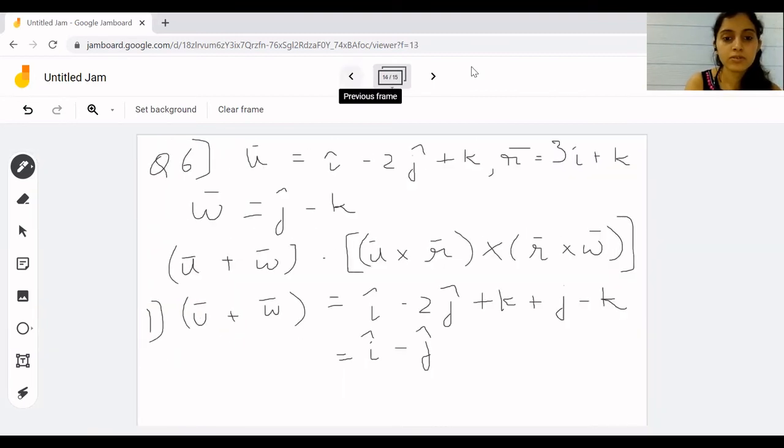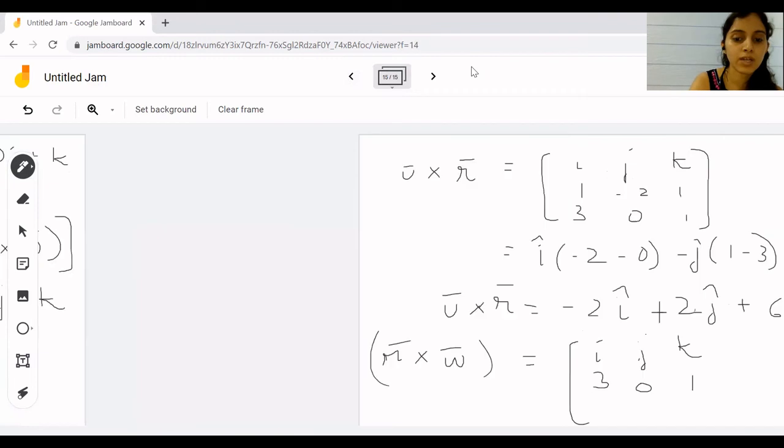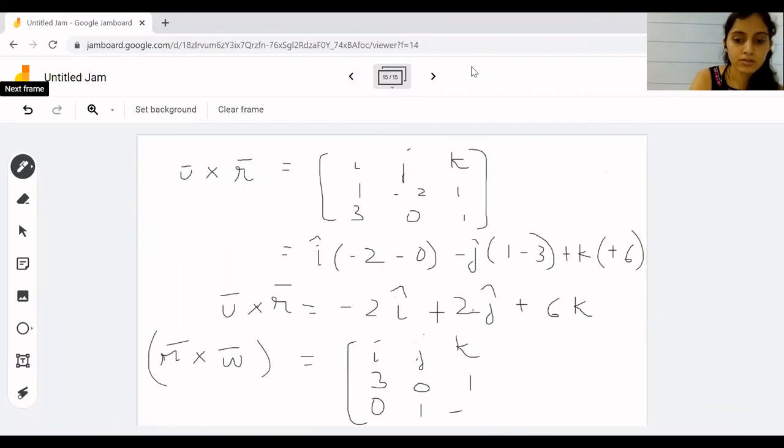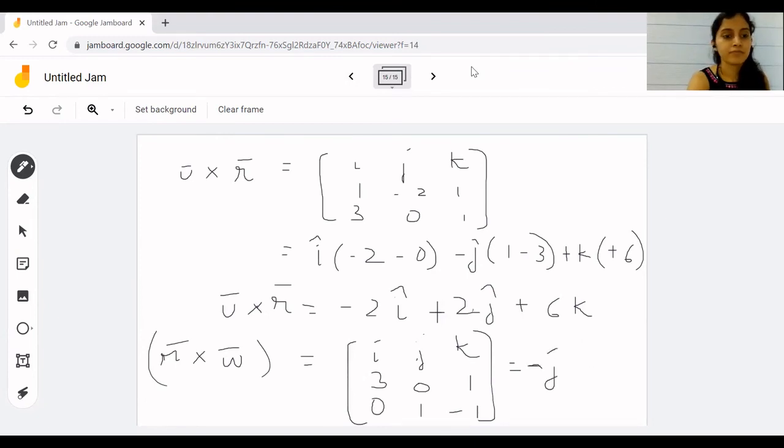Then of W is 0, 1, and minus 1. Okay, and then that vector will be equal to minus i plus 3j plus 3k. Okay, we have the three vectors.